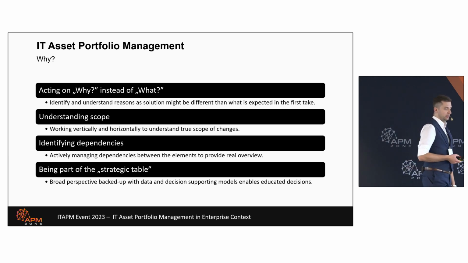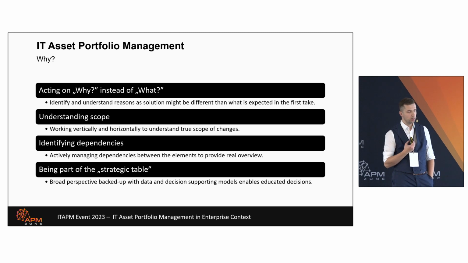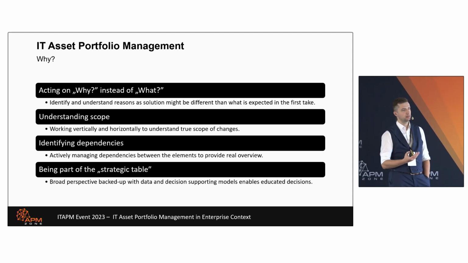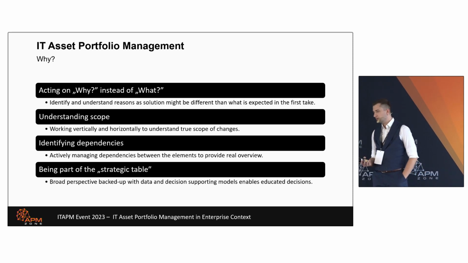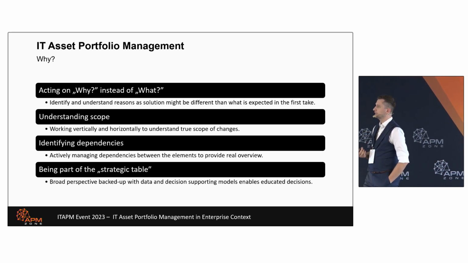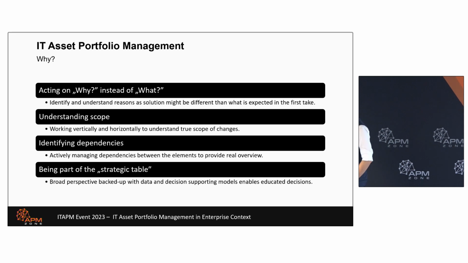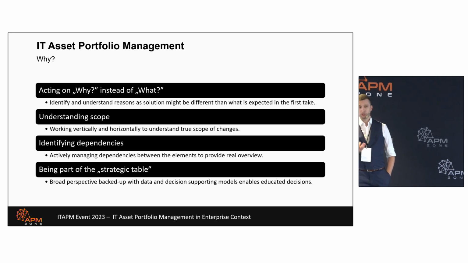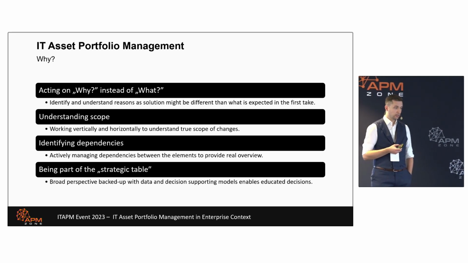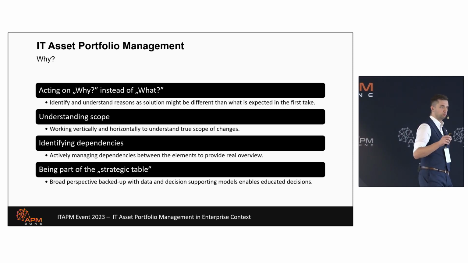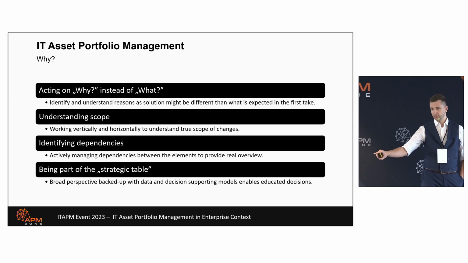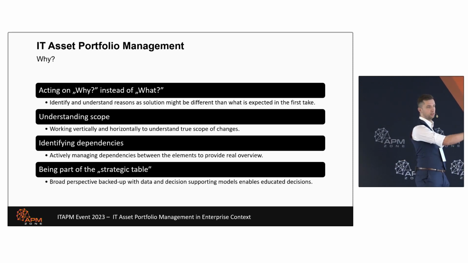Then identifying the dependencies. And this is a huge topic of how the different elements interact with each other. What are the dependencies? What is the value of these dependencies? What is the risk behind them? Especially in ever-changing, big environments, it is a growing need, in that you can push something here and something on the other continent pops up.